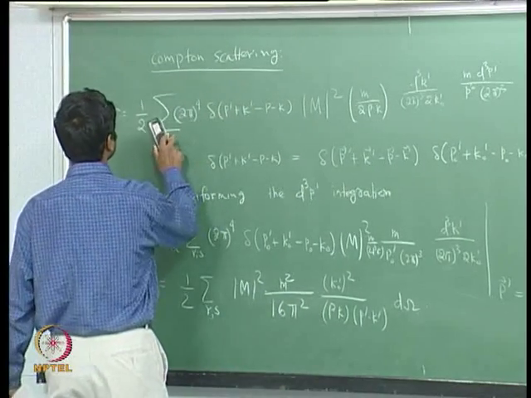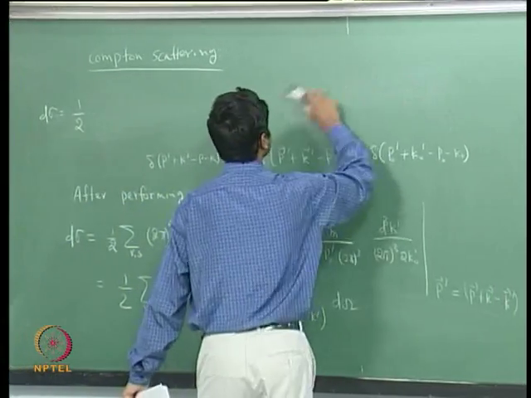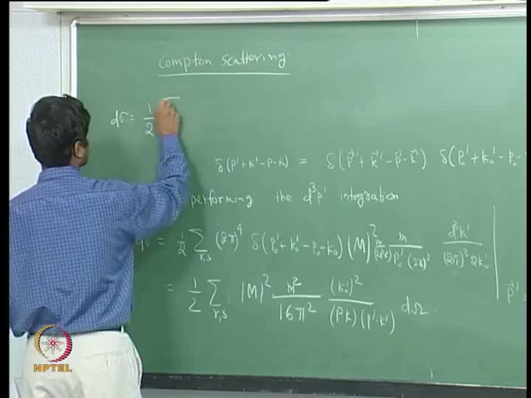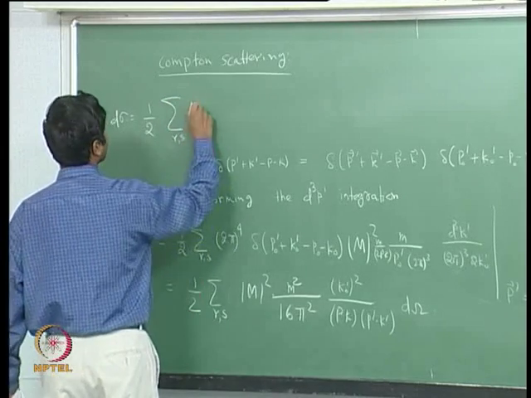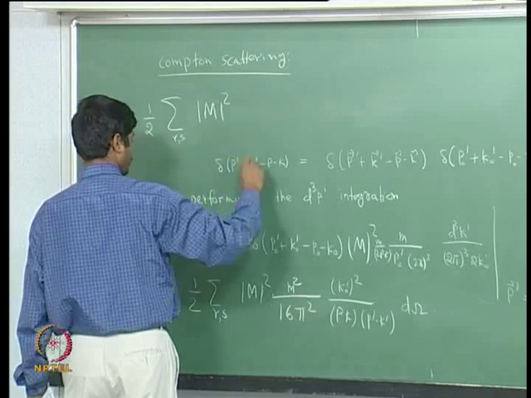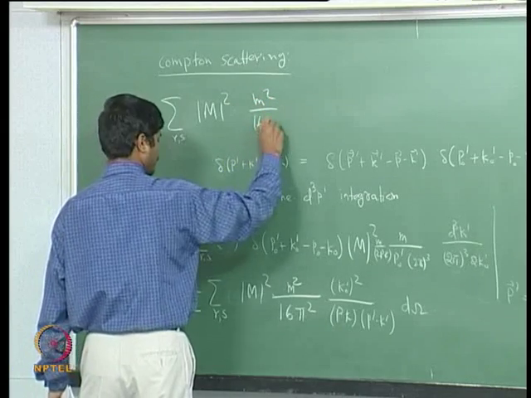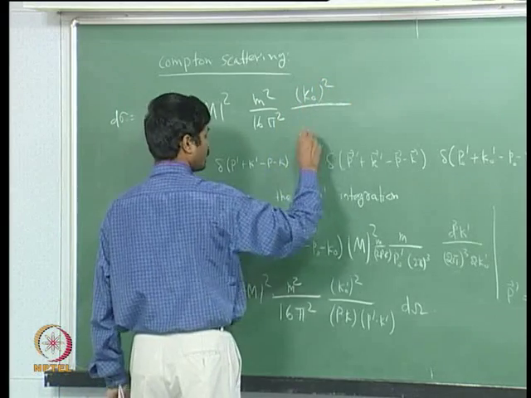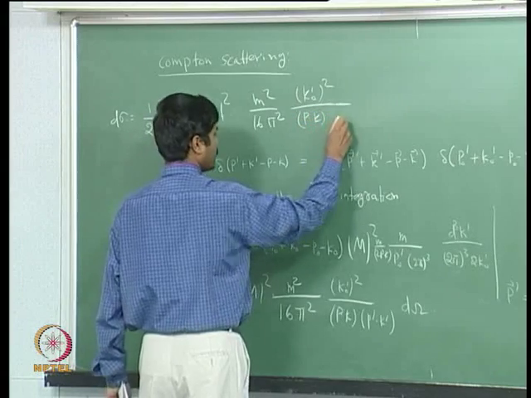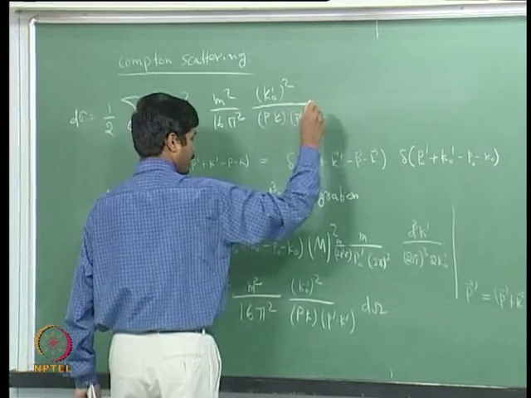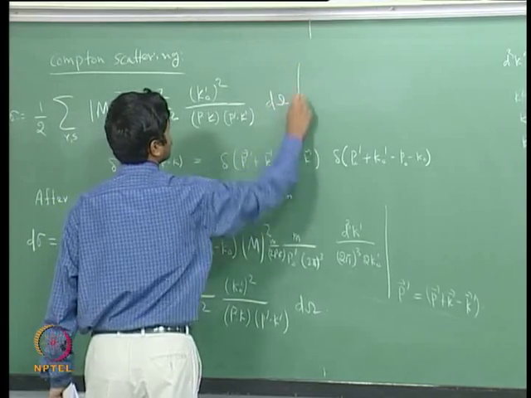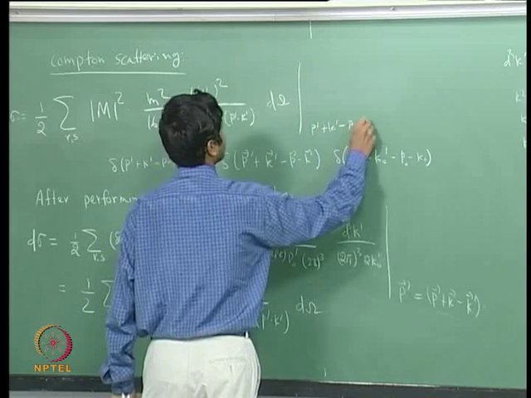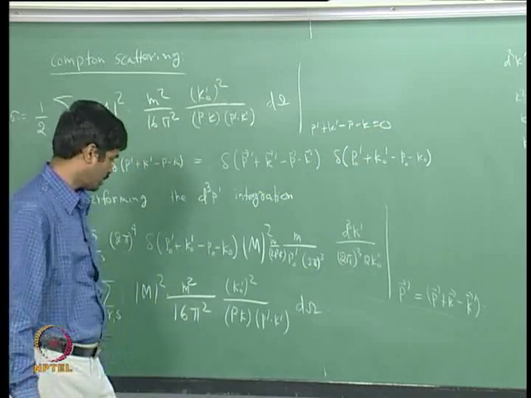So, to summarize, what we got after carrying out the integrations is this for the differential scattering cross section: sum over r s, mod m square over 16 pi square, k0 prime square over p dot k, p prime dot k prime d omega, which is evaluated at p prime plus k prime minus p minus k equal to 0, okay.